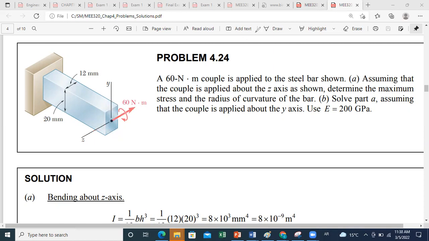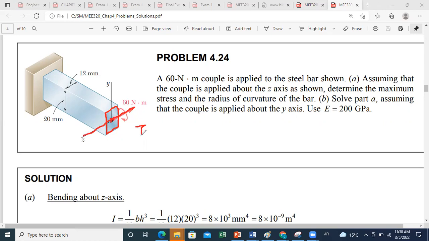Now, in the first question, they asked first to determine the maximum stress. So this is a simple question here. The cross section is very simple. It's a rectangle. And we know that for a rectangle, for the first scenario, the neutral axis should pass by the centroid and should be along z, which is the direction of the couple moment vector.